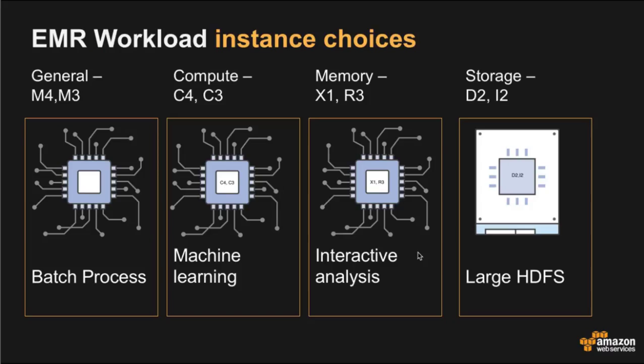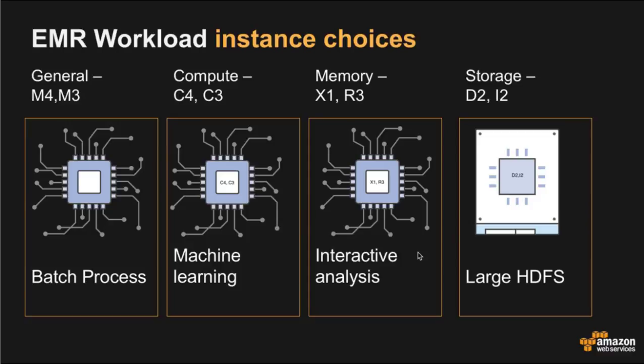So moving on, when you come to the EMR workloads, what are all the instance choices that you have? If you are running a big data workload on a general purpose job, a batch job which is performing a bunch of general purpose compute operations, then start with M4 or M3. Previous generation ones have a much higher chance of availability, so you could definitely take a look at those as well.